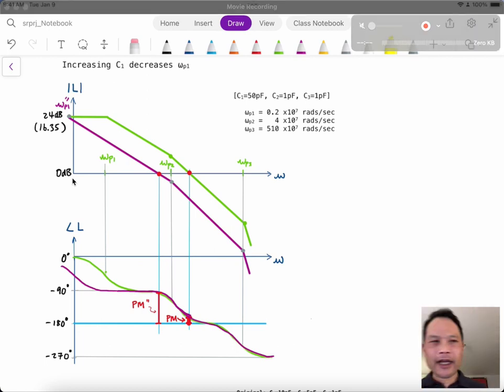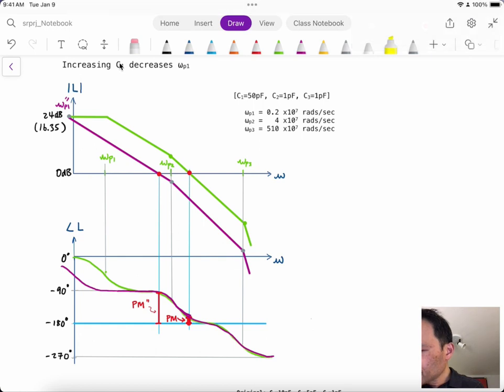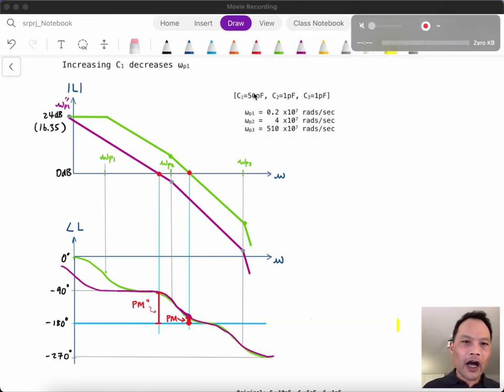We do this by increasing C1, and so if we increase it by a factor of 5 from 10 picofarads to 50 picofarads, then we will decrease the first pole from 10 megaradians to 2 megaradians per second, and so it moves from here down to here.